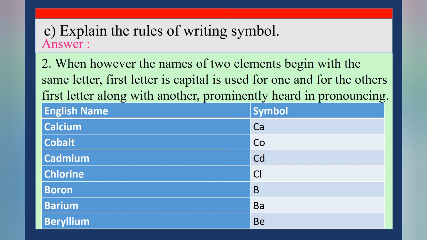Then if we talk about beryllium, it will be fairer if we use E after the B. So we are watching that these three elements which start with the same kind of letter, we are changing the pattern, right? With the B we are using the next letter. So in this way we can prove the second rule for writing symbols.